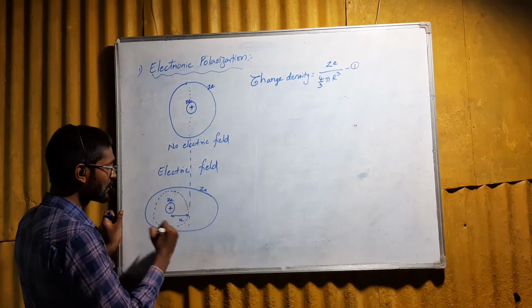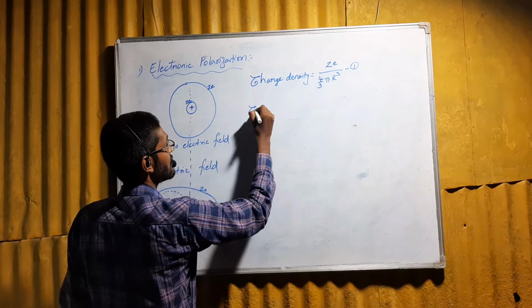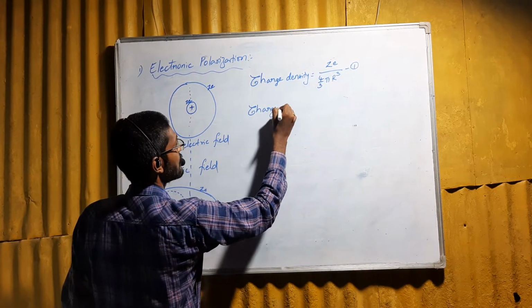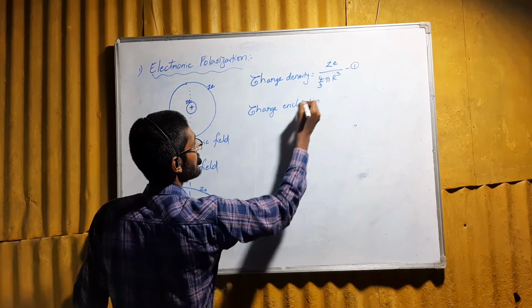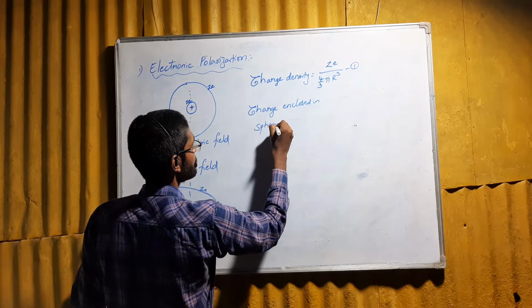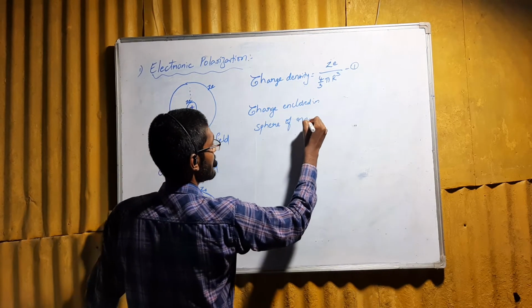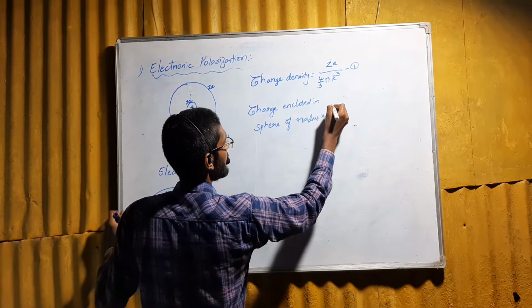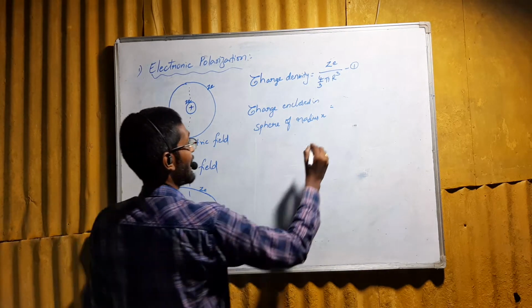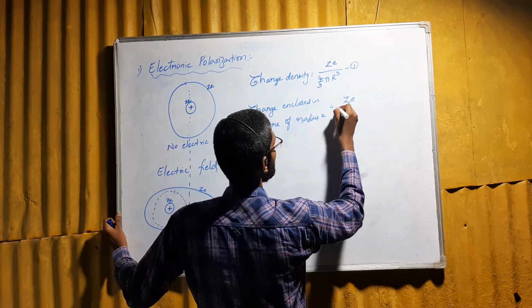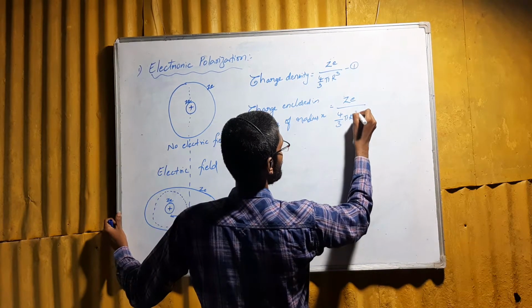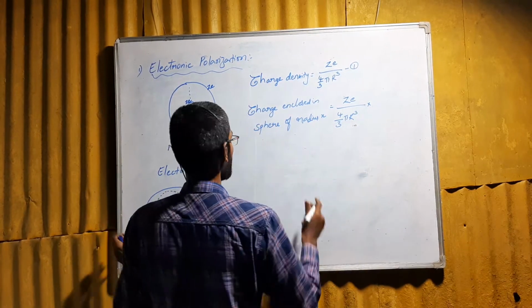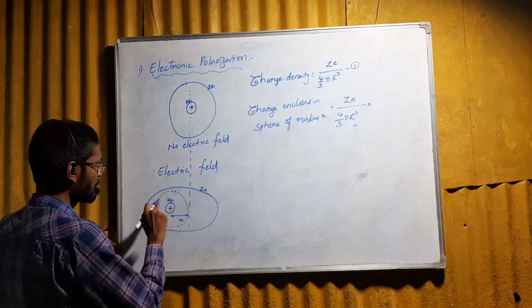Now the charge enclosed in the sphere of radius x can be given as the charge density, Ze by 4/3 pi r cube, into the volume of the enclosed sphere.